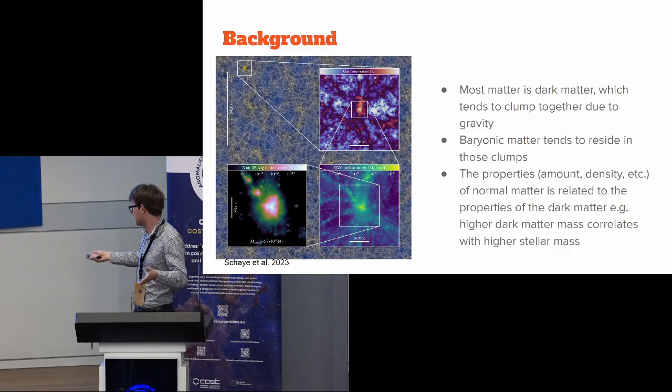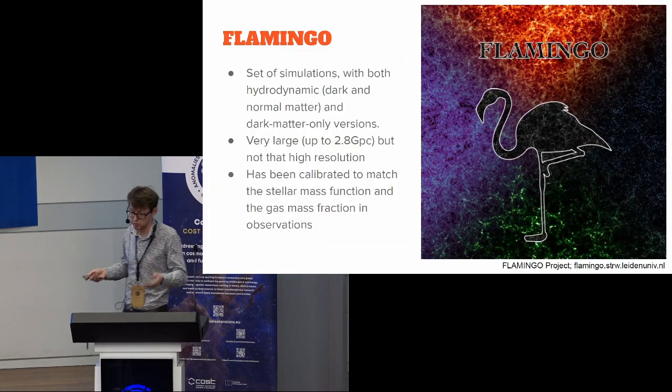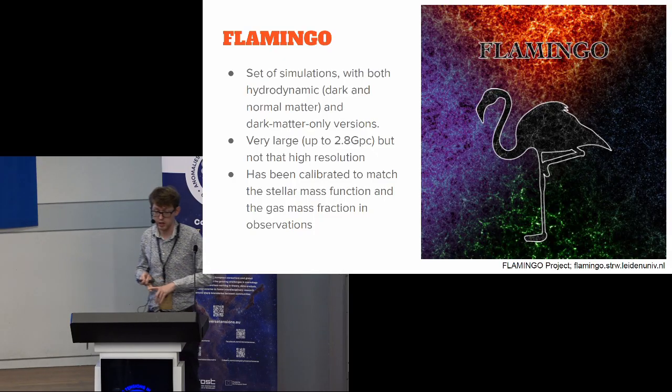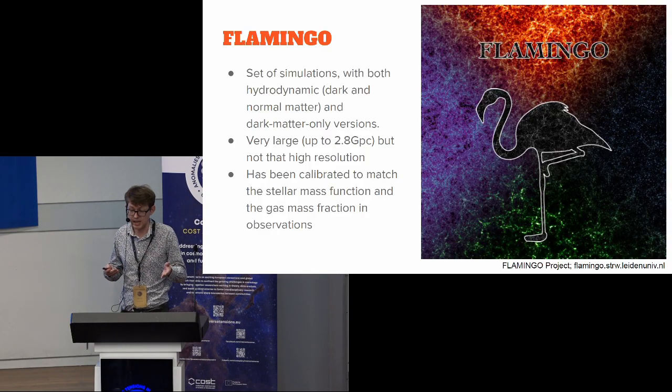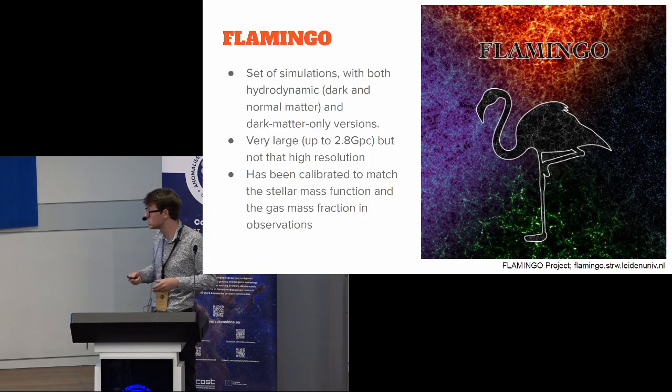So let's talk about simulations. I work with the FLAMINGO suite of simulations, which was developed in collaboration by Durham, Leiden, and Liverpool John Moores universities. It's a suite of hydrodynamic simulations with resolutions ranging from 10 to the 8 to 10 to the 10 solar masses for particle size.